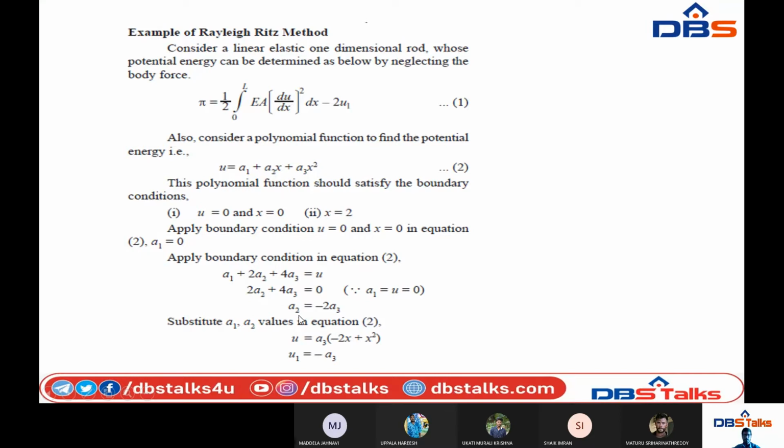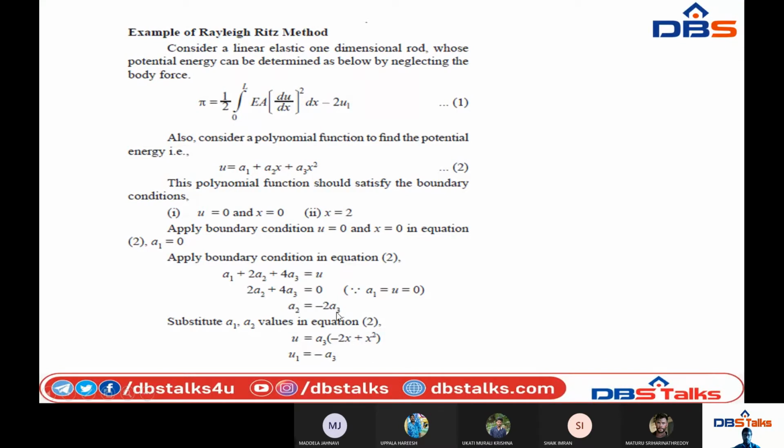Then I find the value of parameter a2: 2a2 equal to minus 4a3, so a2 equal to minus 2a3. For this, I get a2 equal to minus 2a3.